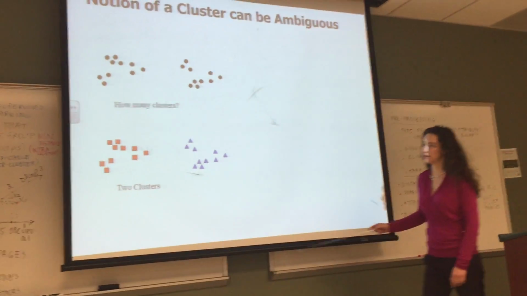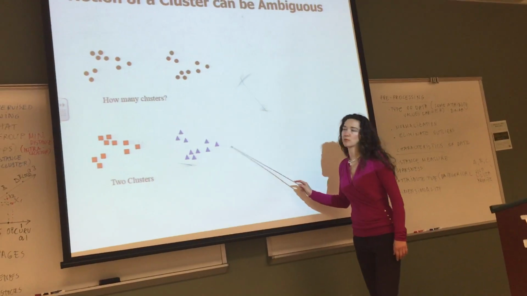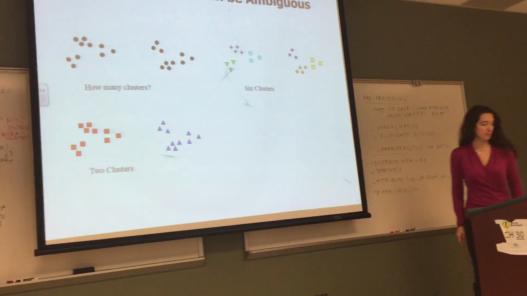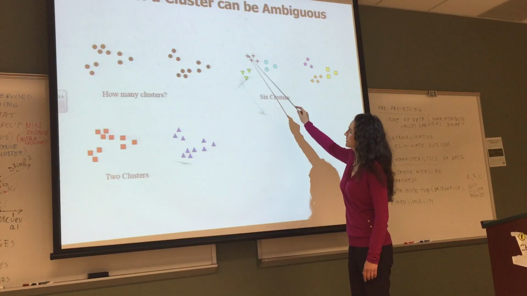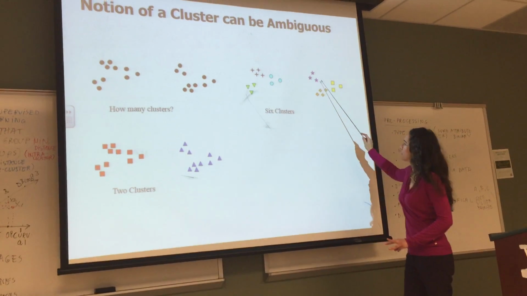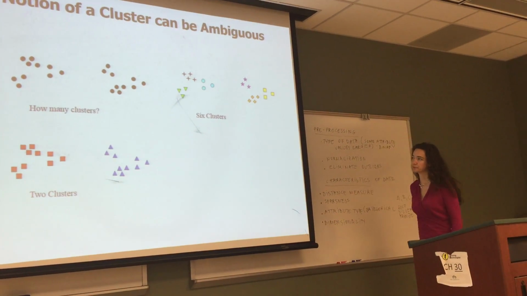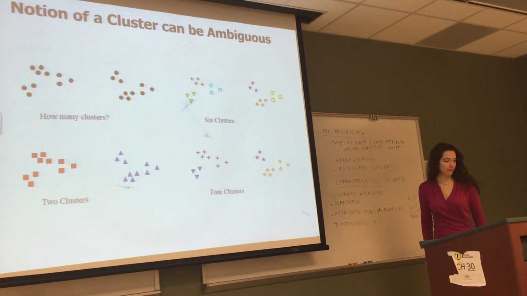So the first idea was there were 2 clusters, this one and that one. But there could be 6. So these objects, 1 cluster, 2, 3, 4, 5, and 6. Or they could be 4.